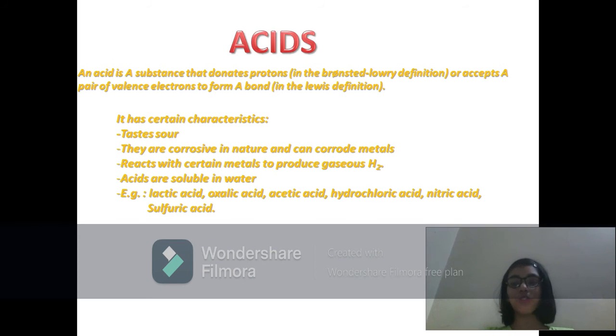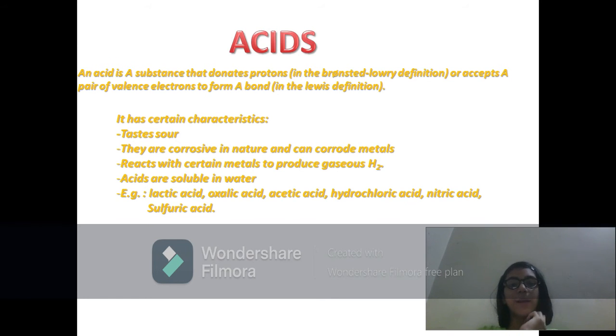In fact, your stomach also digests the food with one of the strong acids, and it reacts with metals to produce gaseous hydrogen. So as I said, the acids have corrosive properties, so they can react with metals and produce hydrogen gas.